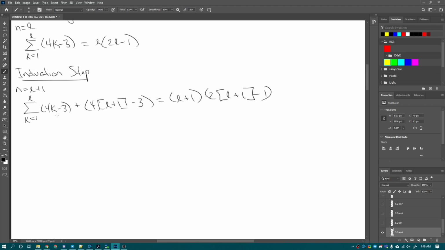So this summation here, summation k equals 1 to L of 4k minus 3, well, we have that up here as well. That's the same formula. So I can just replace that summation with this right-hand side of the equation, which I'm going to do now. I'm going to distribute. This is 4L plus 4 minus 3. So that's 4L plus 1.